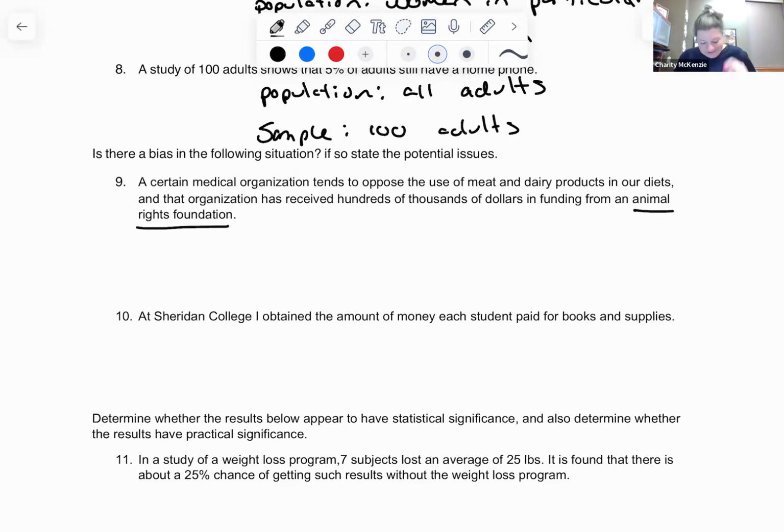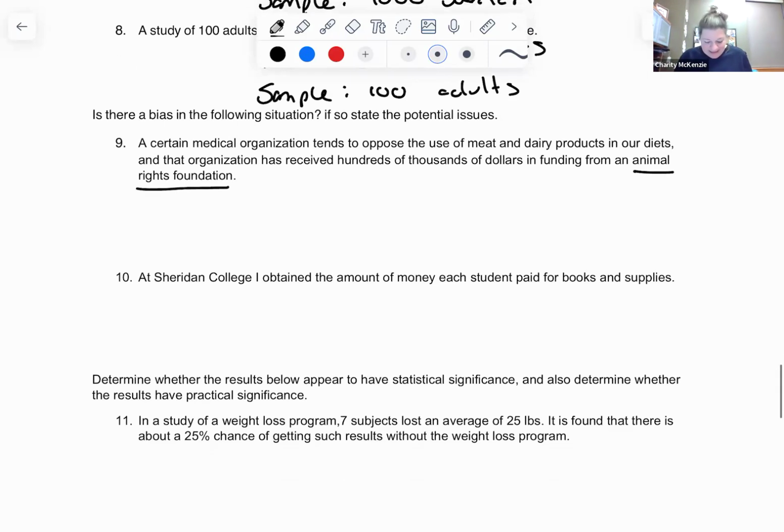All right, let's look at the next one because it's a little bit better. At Sheridan College, I obtained the amount of money each student paid for books and supplies. What are some potential biases or issues from obtaining the amount of money from each student? First of all, we asked every student. That's not bad. It's not super biased.